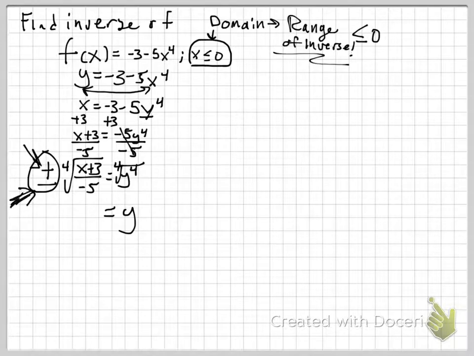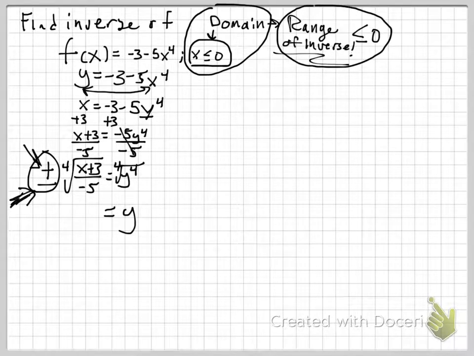This is where I'm going to go back to the original domain statement here that told me the inputs for my original function have to be less than or equal to 0. That means the outputs of my inverse function also have to be less than or equal to 0. And in order to make that happen, I'm going to choose the negative, not the positive.